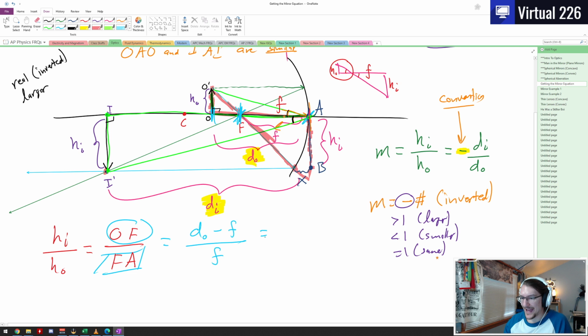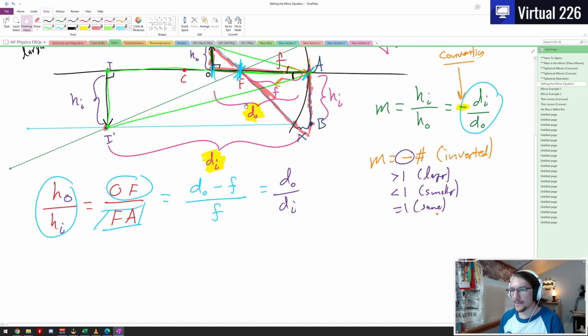And this has to equal, because of this ratio and this ratio, a similar ratio of, well, hold on, I messed that up slightly. This is HI over HO. This is HO over HI, get with it. HO and HI, that's much better. We can say this ratio then is DO and DI. So, due to another similar triangle setup, we can get this thing here, okay?